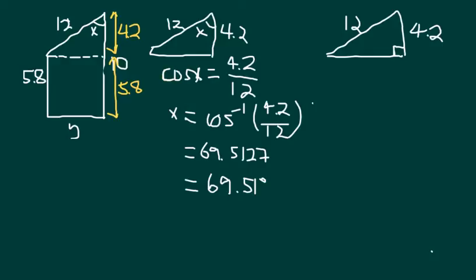Pythagoras theorem is enough. So applying Pythagoras theorem, we have 12 squared equals y squared plus 4.2 squared.